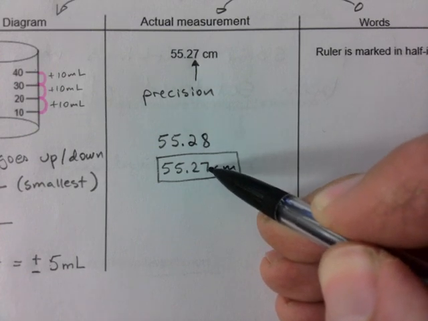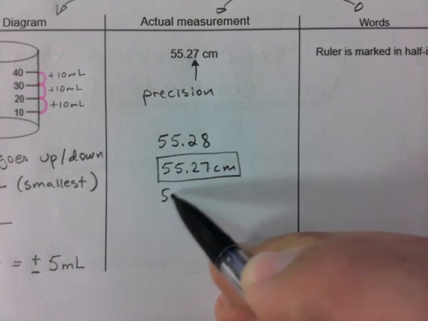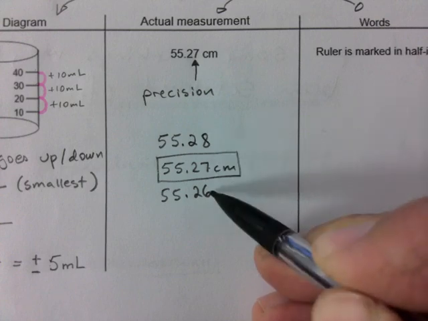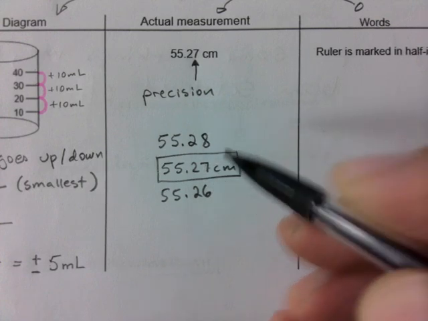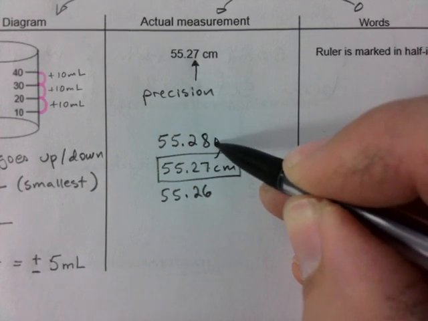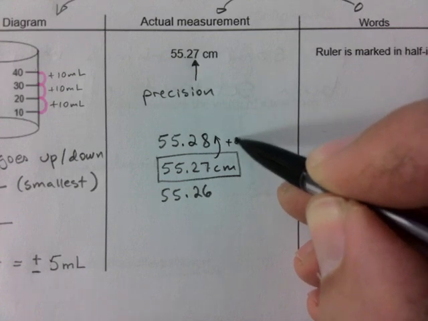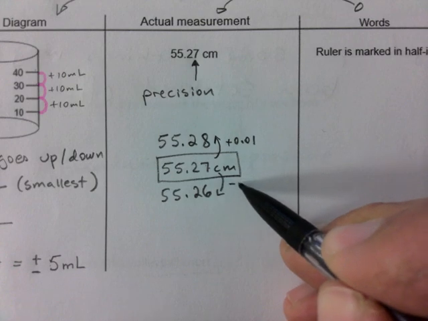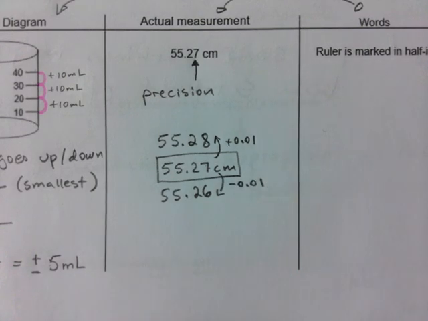If this piece was a little bit shorter, 26. Think of the action that's happening here. To go from here to here, it was plus 0.01. To go from here to here is minus 0.01. Think of it that way.